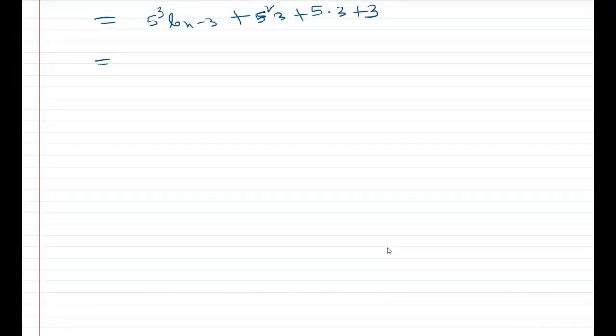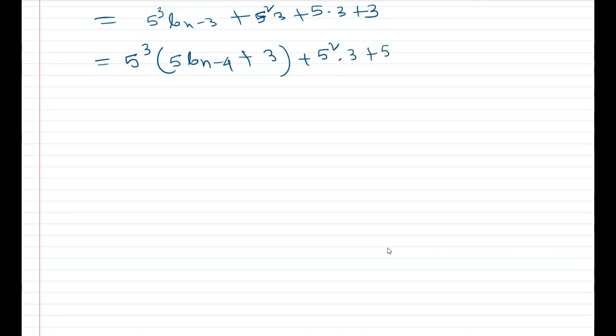Now bn minus 3 in terms of bn minus 4 is bn minus 4 plus 3, plus 5 square into 3 plus 5 into 3 plus 3. Now this equals 5 to the power 4 bn minus 4 plus 5 cube into 3 plus 5 square into 3 plus 5 into 3 plus 3.